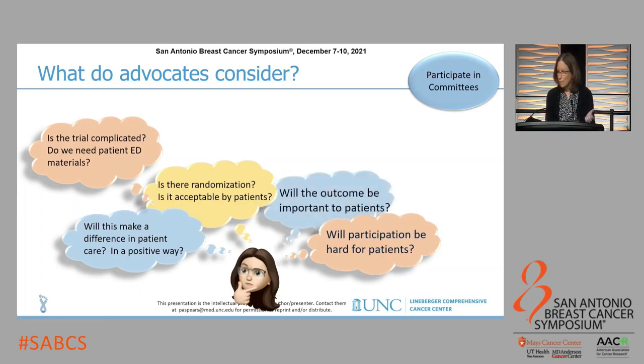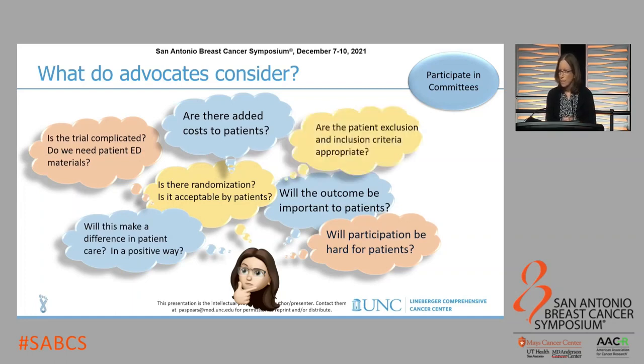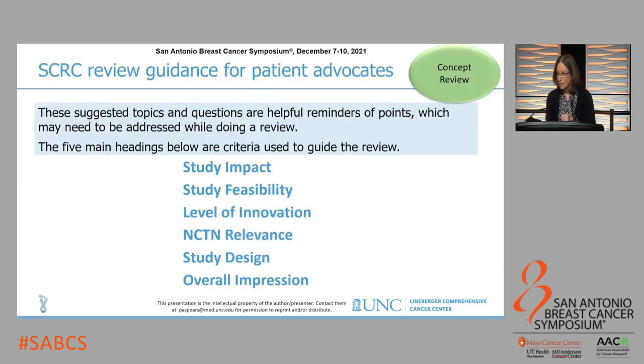Will the outcome be important to patients? And are there added costs? We really look at this hard to see if things aren't covered by insurance, are they going to be covered by the study? And are the patient inclusion and exclusion criteria appropriate? I always look at those. And the expanding and the broadening eligibility criteria that came out in 2017 and 2021 should be read by anyone who is setting up a trial.